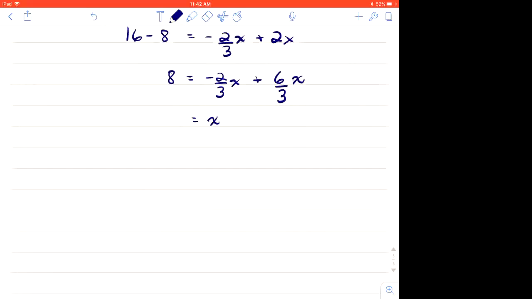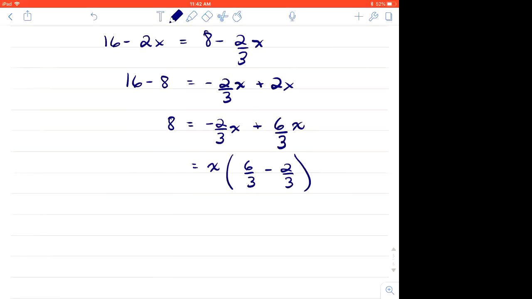So pulling out a common x and rewriting it because I like to have 6 minus 2, I have 6 over 3 minus 2 over 3, just changing the order. Because I need to write it in terms of something over 3, and because we know that 6 divided by 3 is 2, then I can replace it.